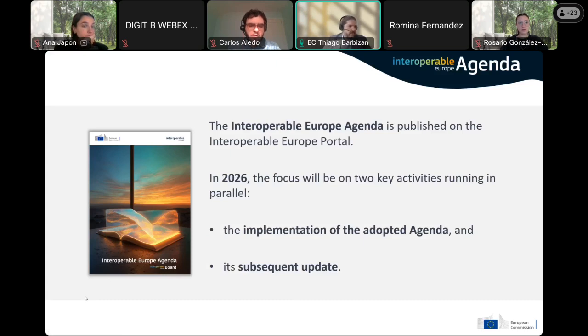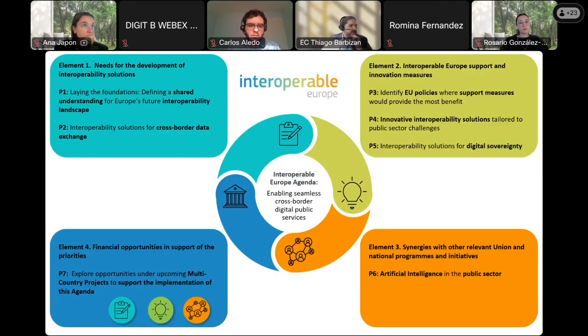So now we can move to the following slide, where we will start diving into the agenda that is currently adopted and being implemented.